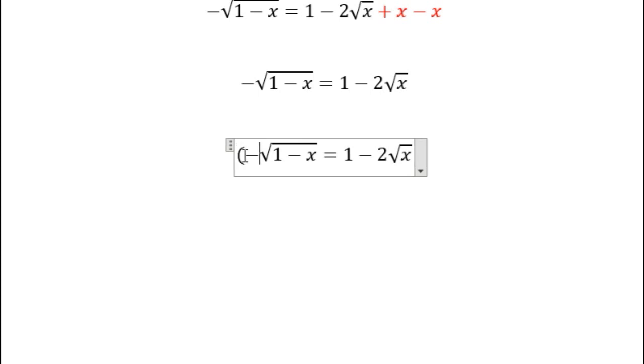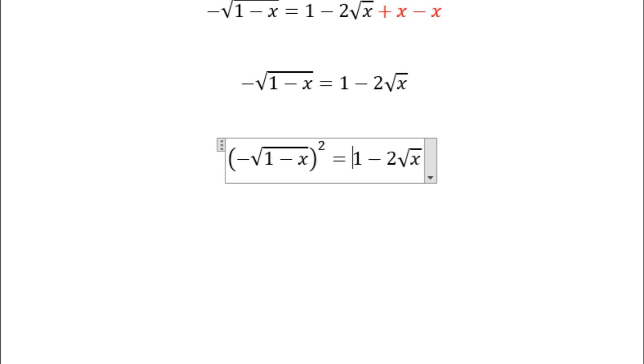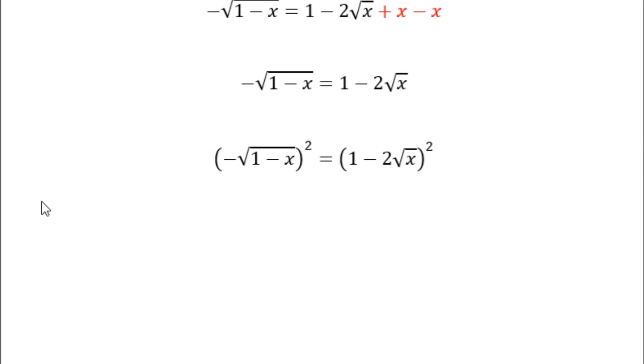Okay, so we are going to square the left side and we are going to square the right side. Okay, so let's square both sides of the equation, right? In this case, this negative becomes a positive because any negative number squared is a positive. This square root we have here gets cancelled by the power of 2. So we end up with 1 minus x.